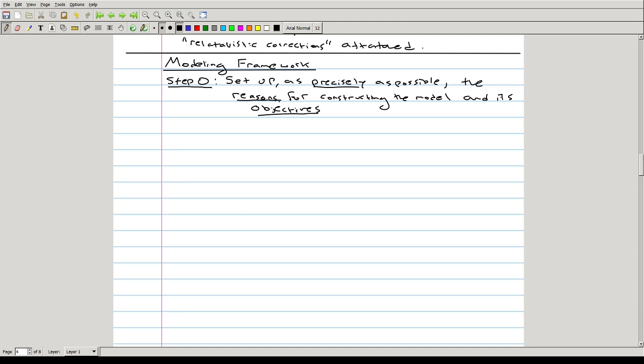So, for example, if you're making a model of the weather and you want to predict the weather, do you want to predict the weather for a day? Do you want to predict the weather for an hour? Do you want to predict the weather for a week? Each one of those questions is a different question.